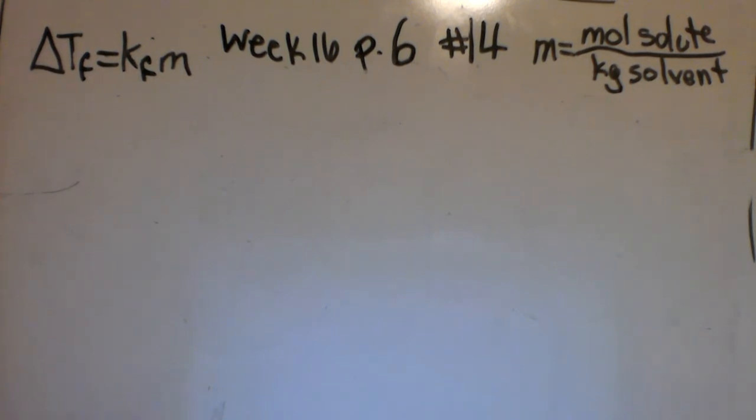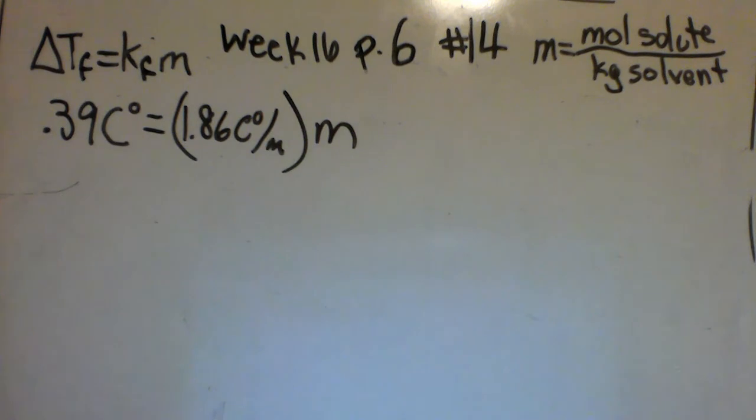This problem is assuming that you know what the exact freezing point of water is in Celsius degrees, which is 0. Therefore, the change in temperature is 0.39 Celsius degrees.